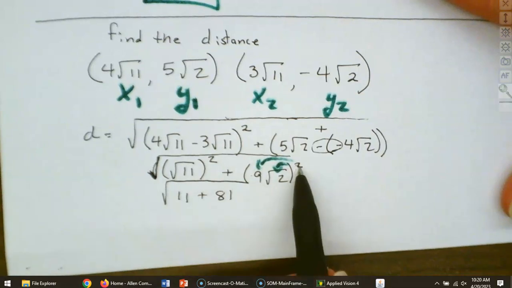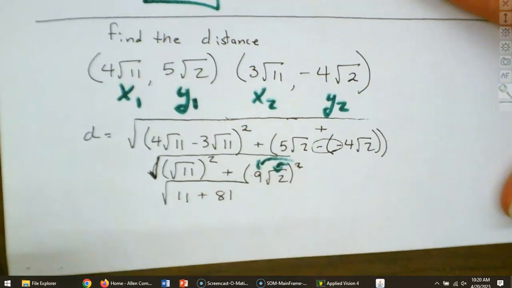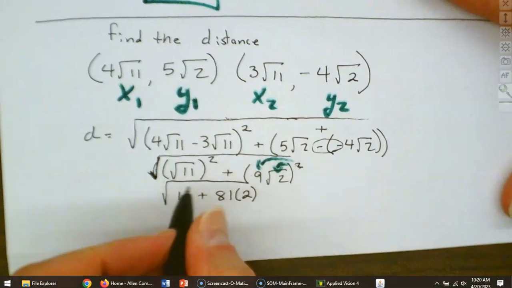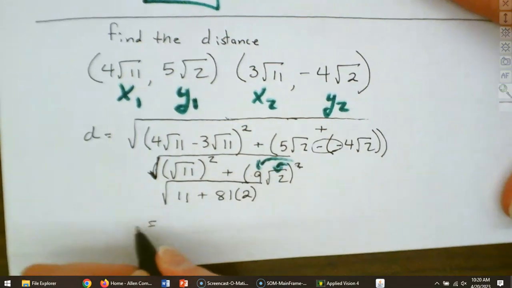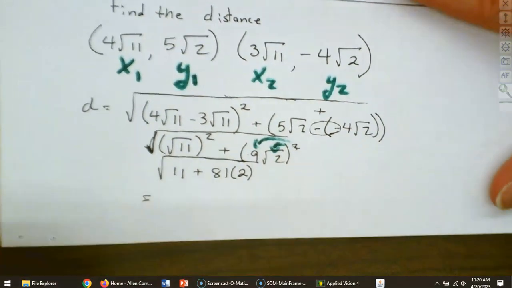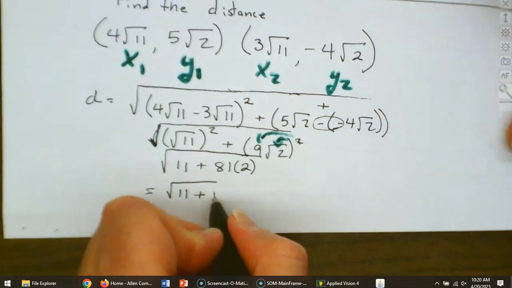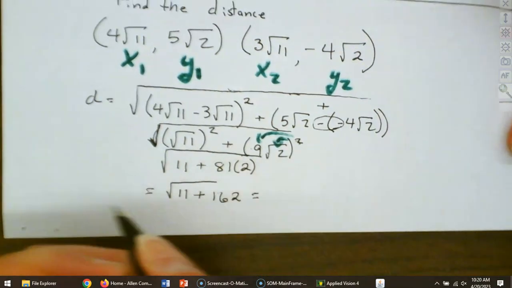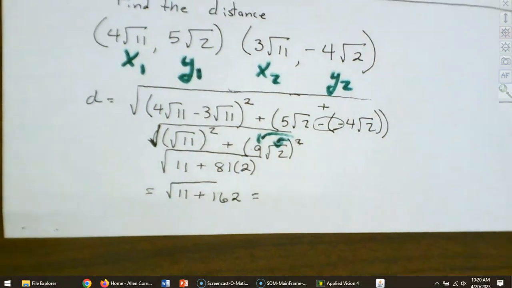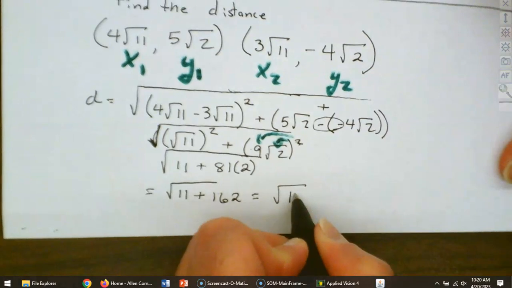The square here and the square root cancel out, and that leaves you with a 2. Now we can put these together, and that's going to be the square root of 11 plus, we've got 81 times 2. That's 162. And we'll go ahead and add those together. And that gives you now the square root of 173.